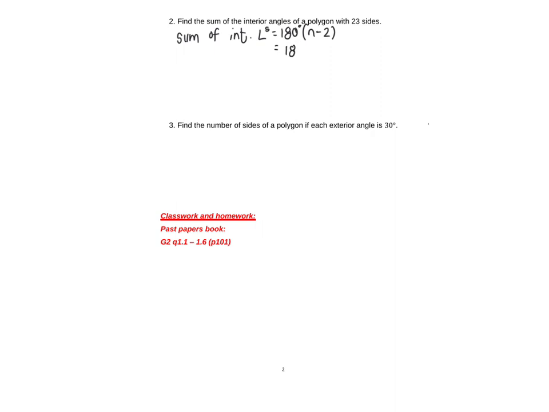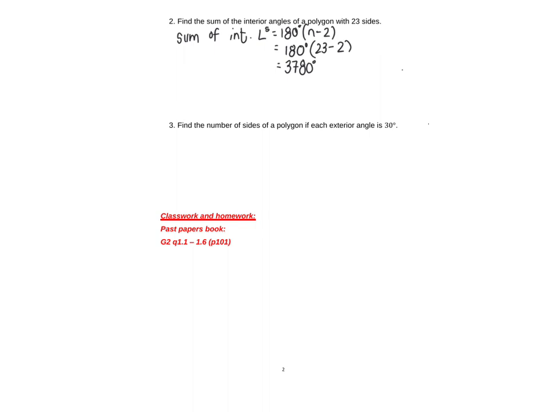So it's 180 times 23 sides minus 2 of those sides. That's how many triangles can be formed inside the polygon. So that is 21 times 180, which gives you 3,780 degrees. Wow. That's the sum of all the interior angles of such a polygon.